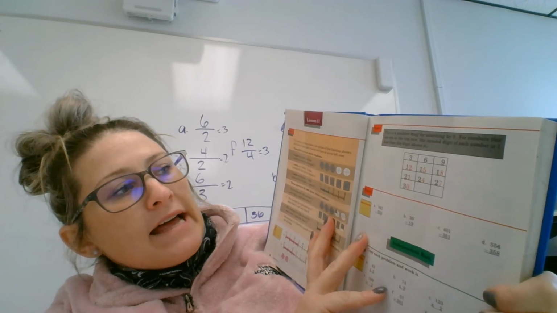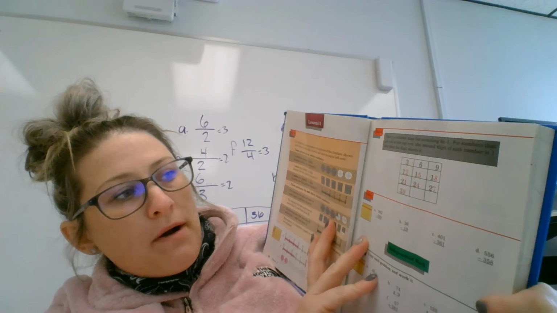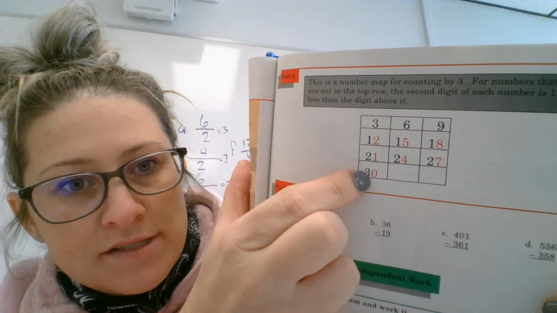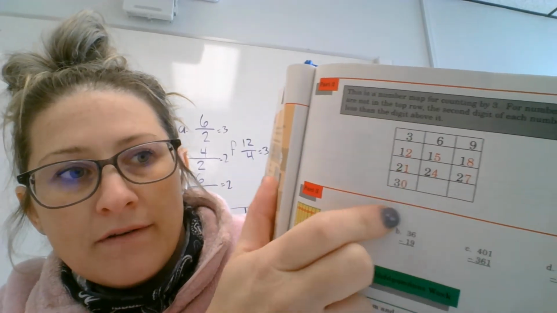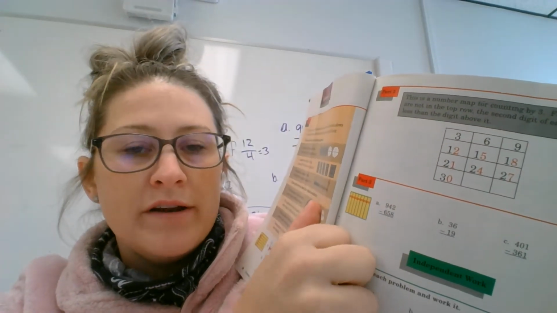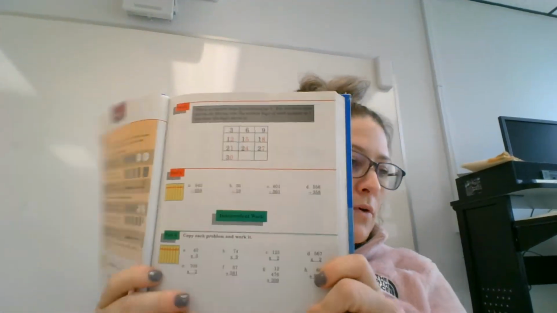For numbers that are not in the top row, the second digit of each number is 1 less than the digit above it. So do you see? It counts down. You're going to have to fill in this exact table on your Part 1, Lesson 11 workbook page today. Okay? Moving on.